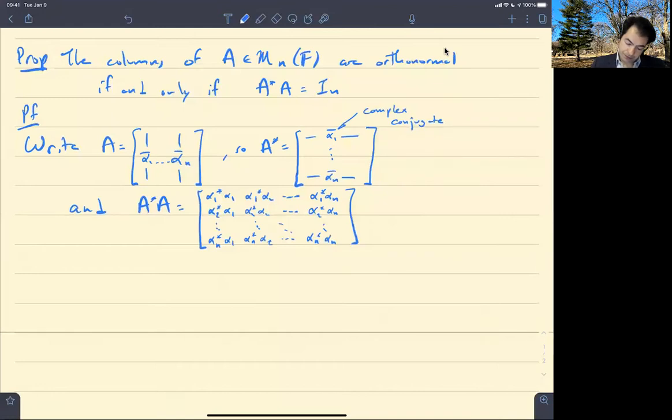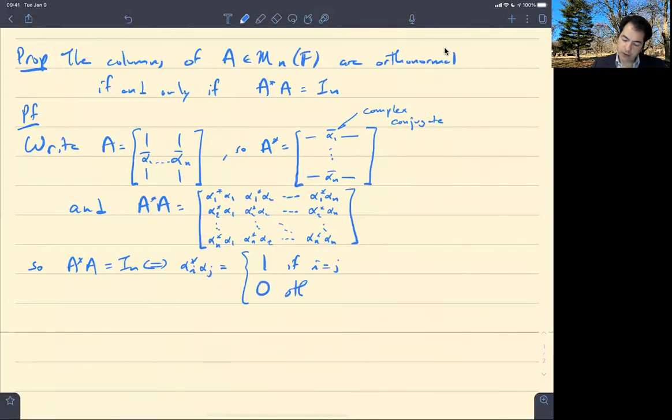And so A star A is equal to the identity matrix if and only if, when you do alpha i star alpha j, you get either 1 if i is equal to j or 0 otherwise.